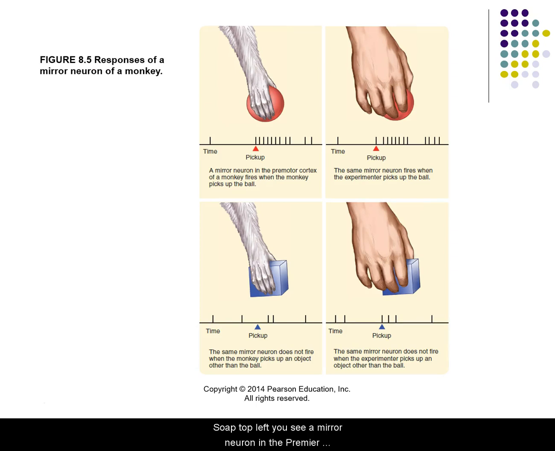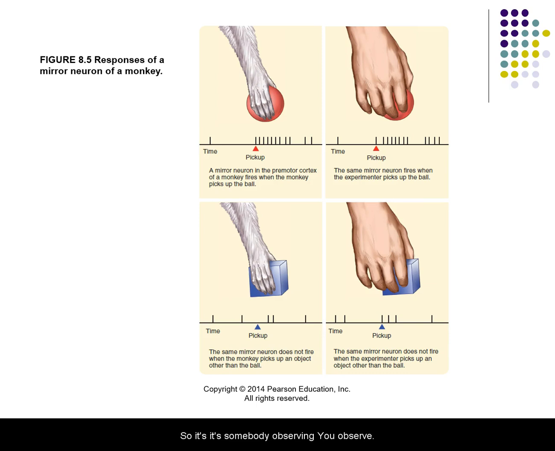Top left, you see a mirror neuron in the premotor cortex of a monkey that fires when the monkey picks up the ball. That little line on top of the triangle where it says pick up is a neuron firing in the premotor cortex. Just to the right, the same mirror neuron fires when the experimenter picks up the ball. Think about that.